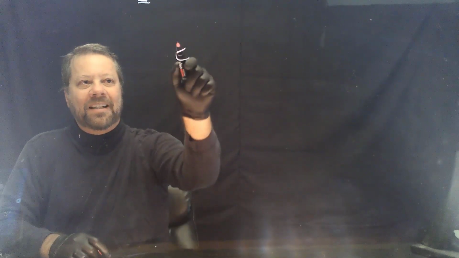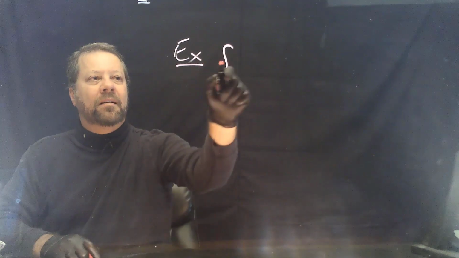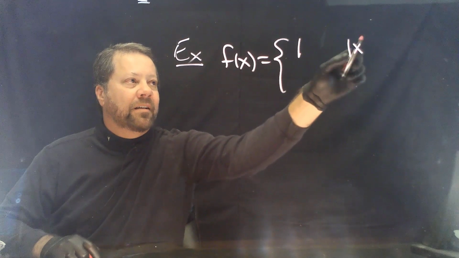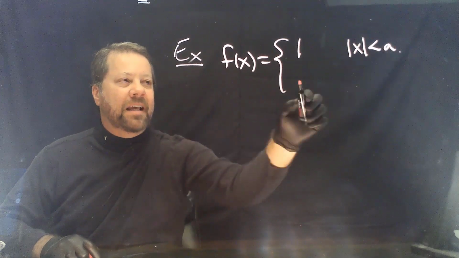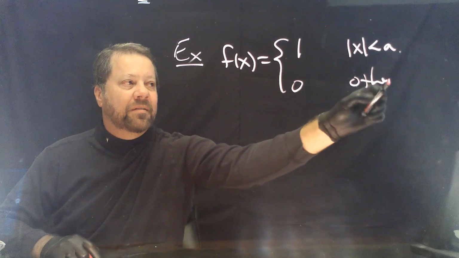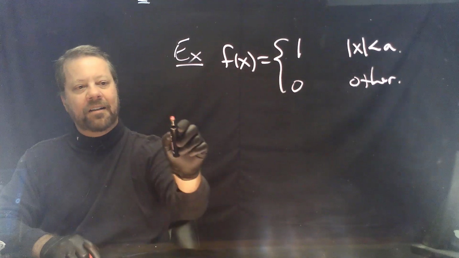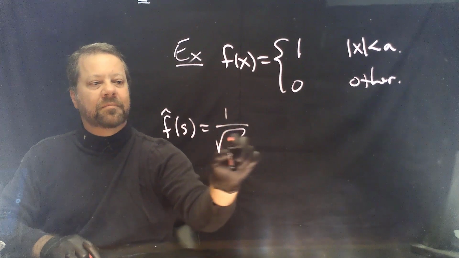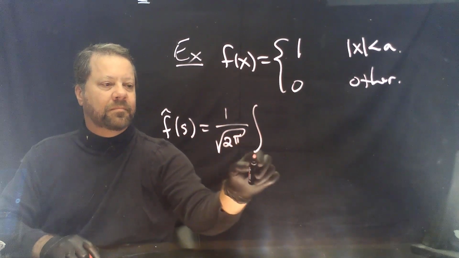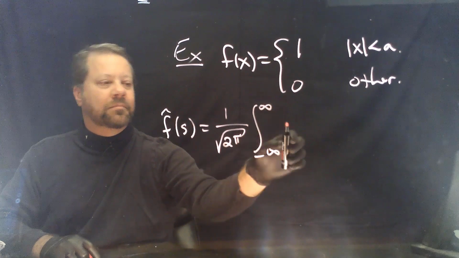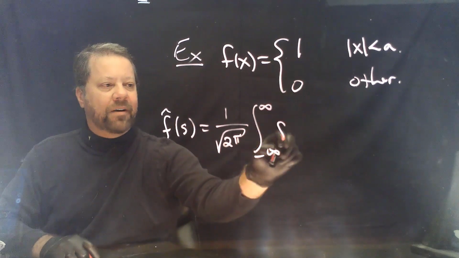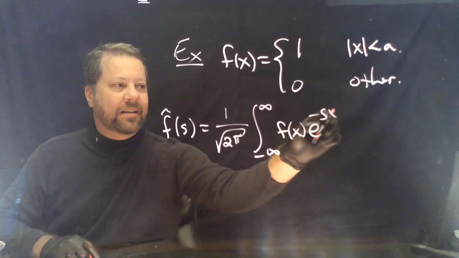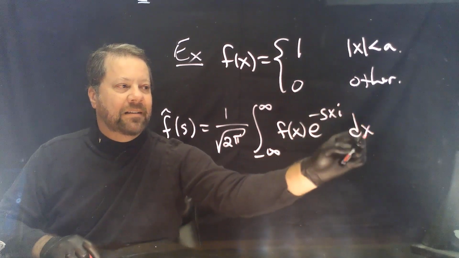So let's do a quick example. How about f of x is 1 if the absolute value of x is less than a and 0 otherwise? Let's calculate f hat. Now we'll have our f e to the minus sxi dx.